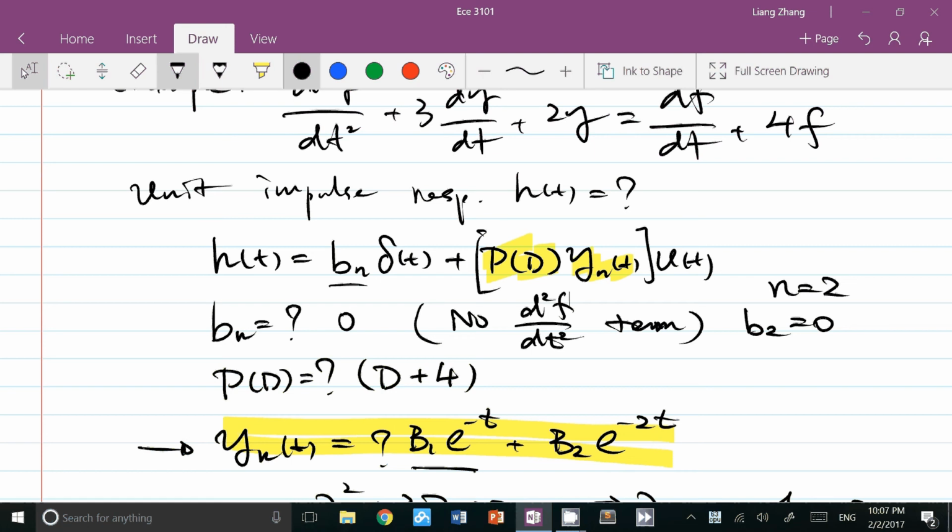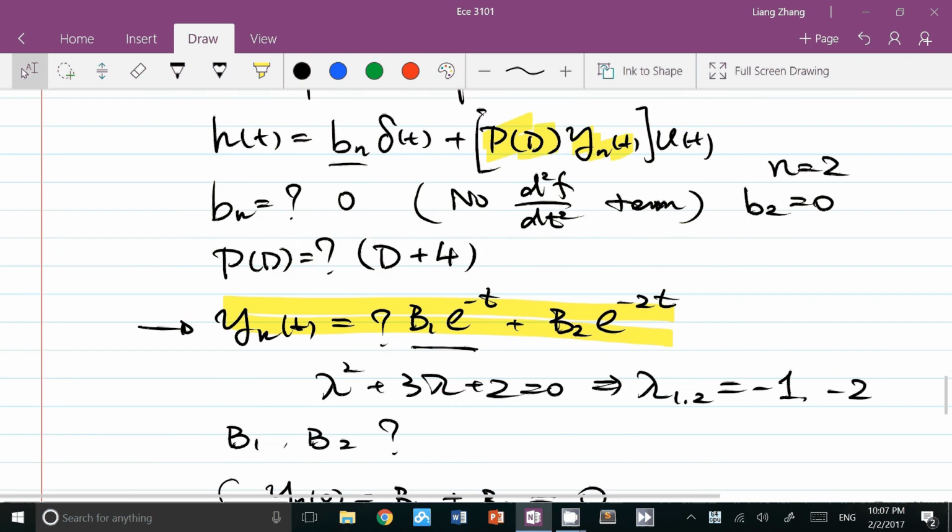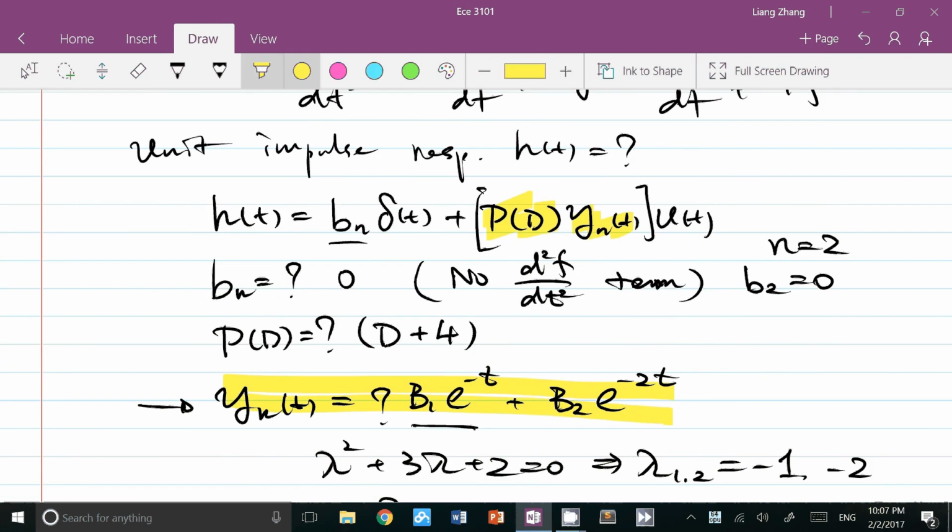So we're going to do it like this. h of t should be equal to Bn times delta. We figured out this Bn is equal to 0, so the first term won't appear in the solution, and we can directly go to the second term.